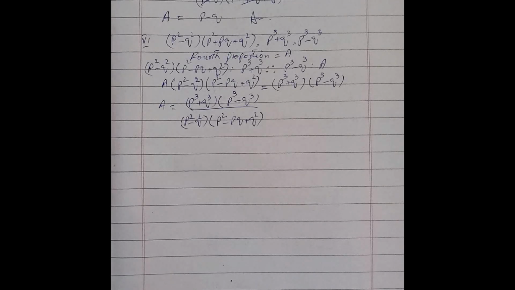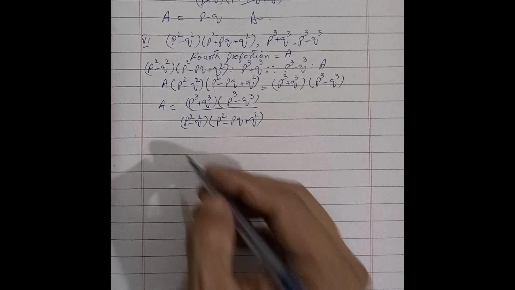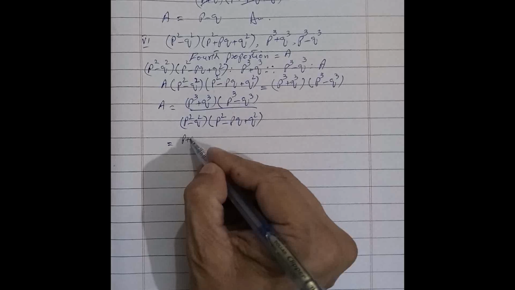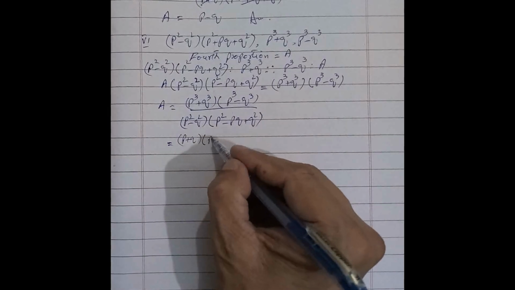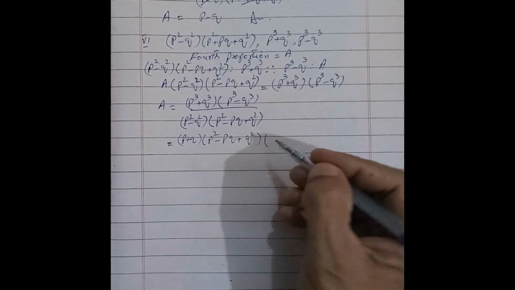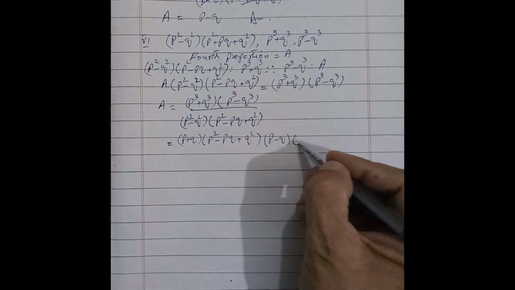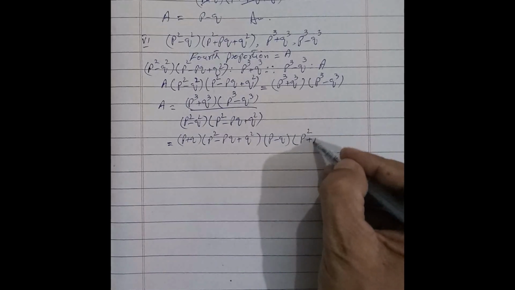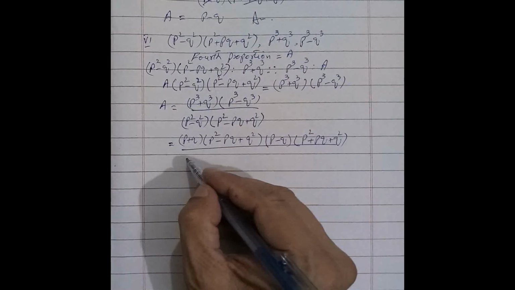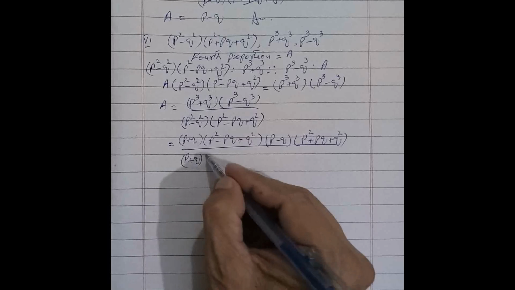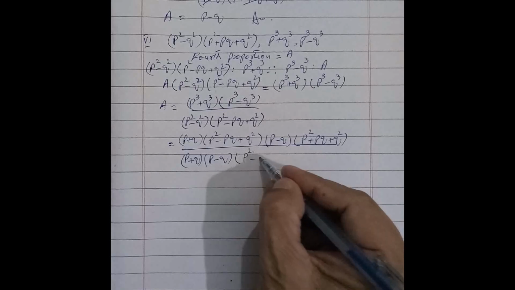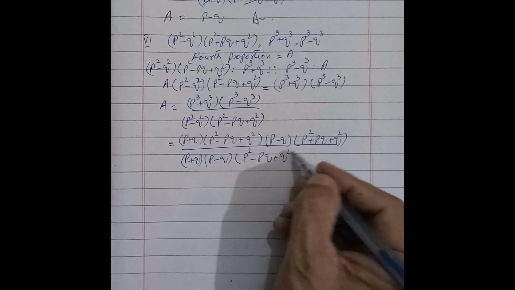Now we simplify these values, apply the formula P plus Q into P square minus PQ plus Q square into P minus Q, P square plus PQ plus Q square over P plus Q, P minus Q, and the other value is P square minus PQ plus Q square.